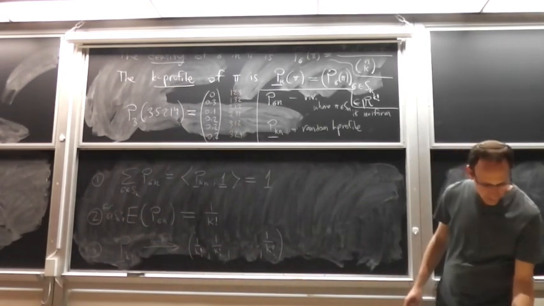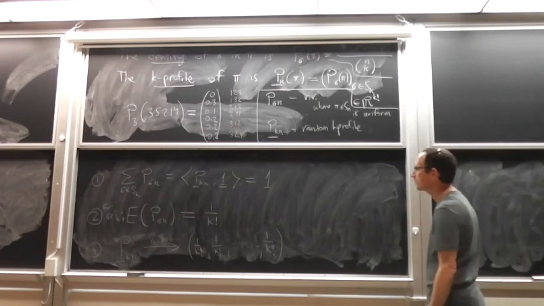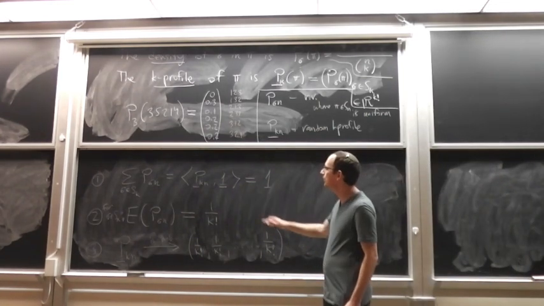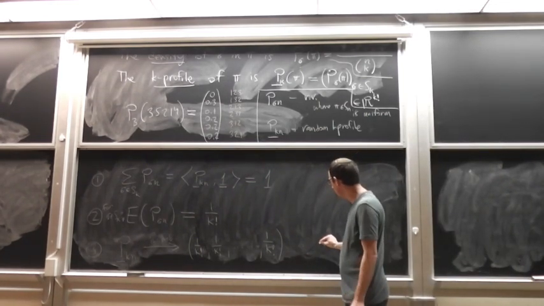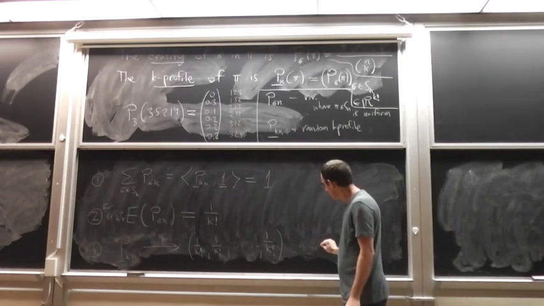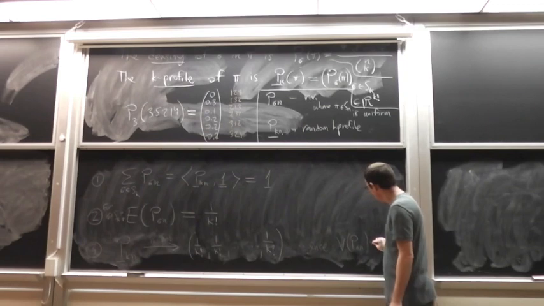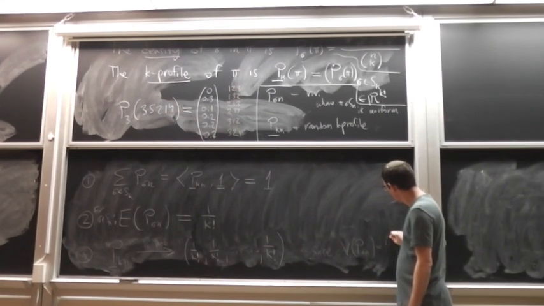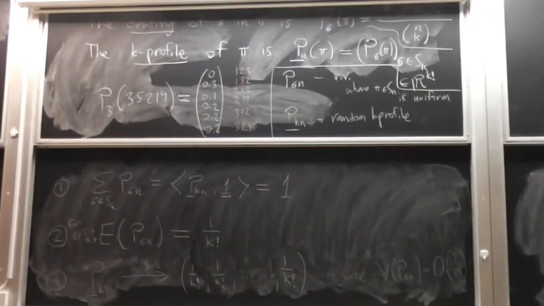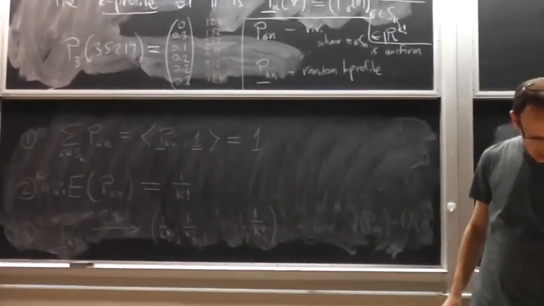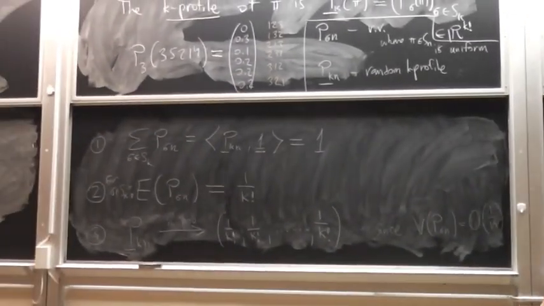And this follows from variance considerations. For this you only need to know that the variance of P sigma n is big O of 1 over n. Okay, is it clear?